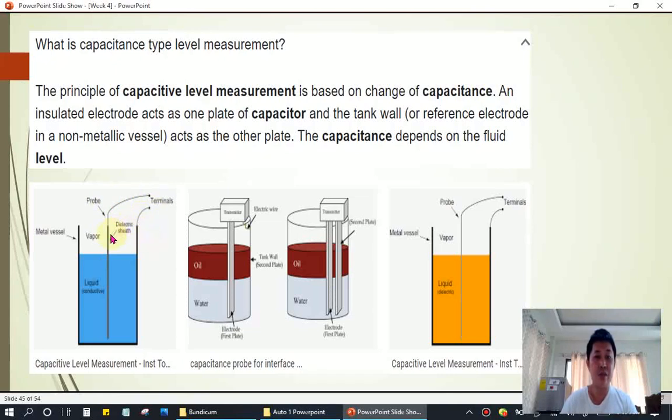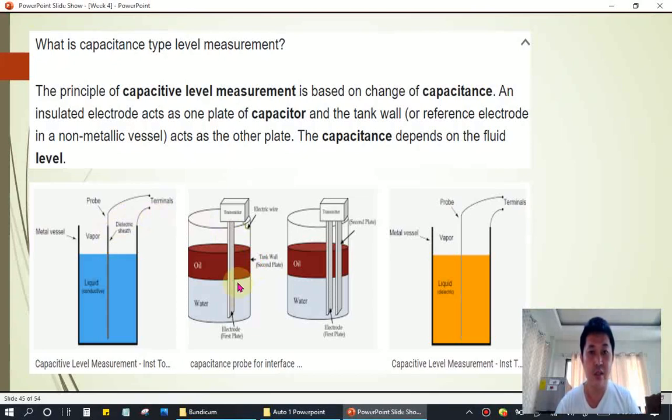So it produces a dielectric signal. The level of your liquid is converted into a signal, which is read by your electrode, converted into an electrical signal, and then into a digital reading.